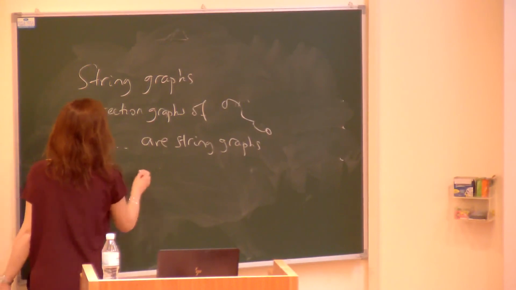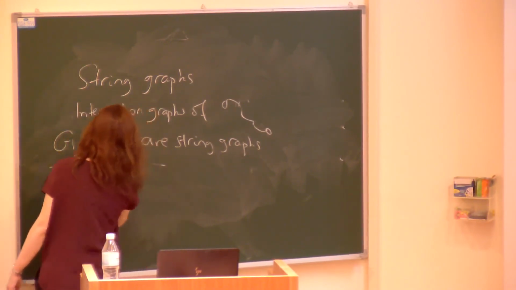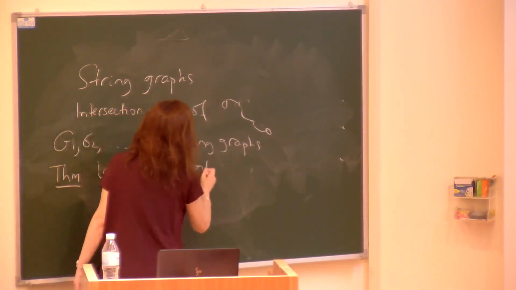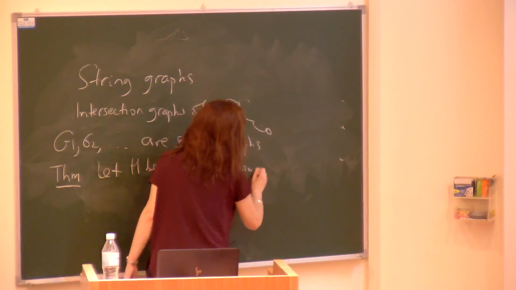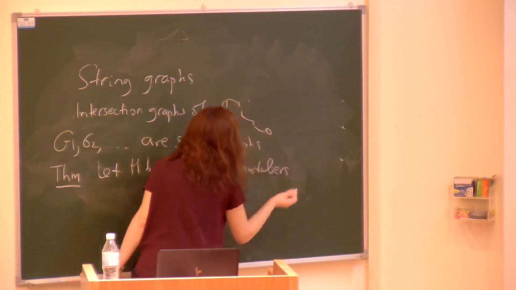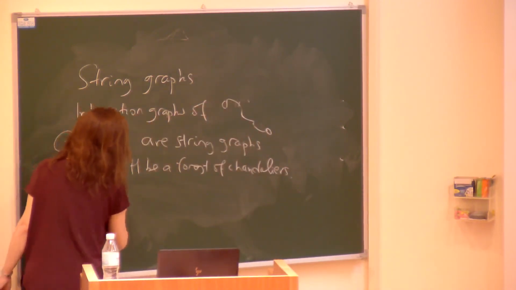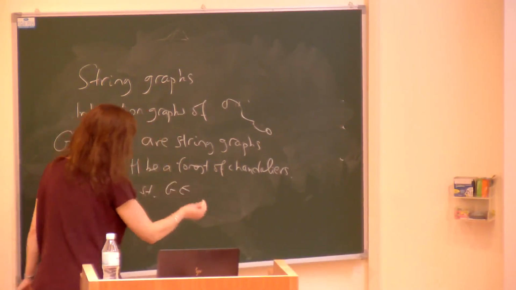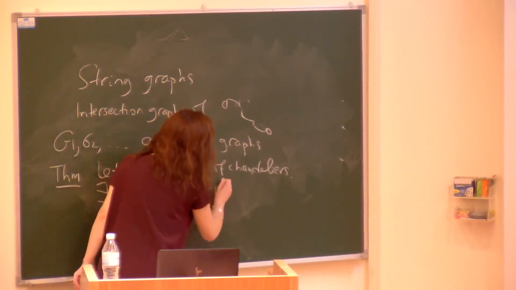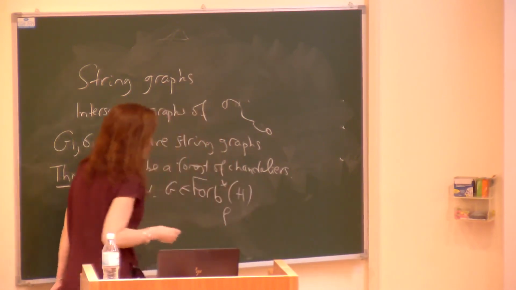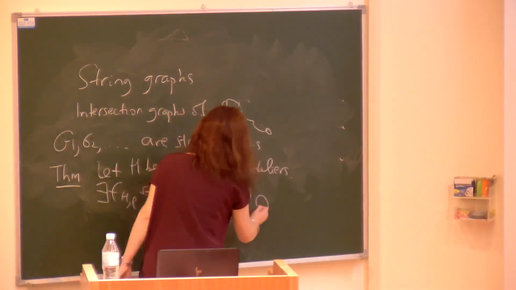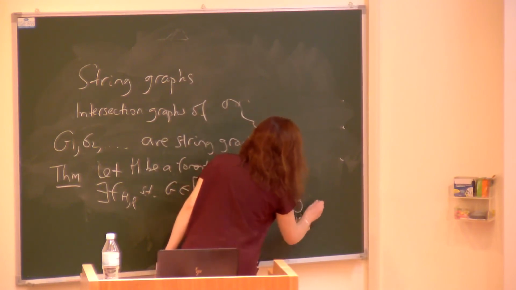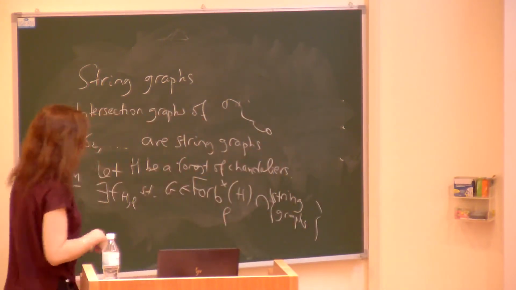Theorem. Let H be a forest of chandeliers. And there is a function f of H and L, so that if you have a graph G which is in Forb star H sub L, but also it's a string graph, then the chromatic number of G is bounded.